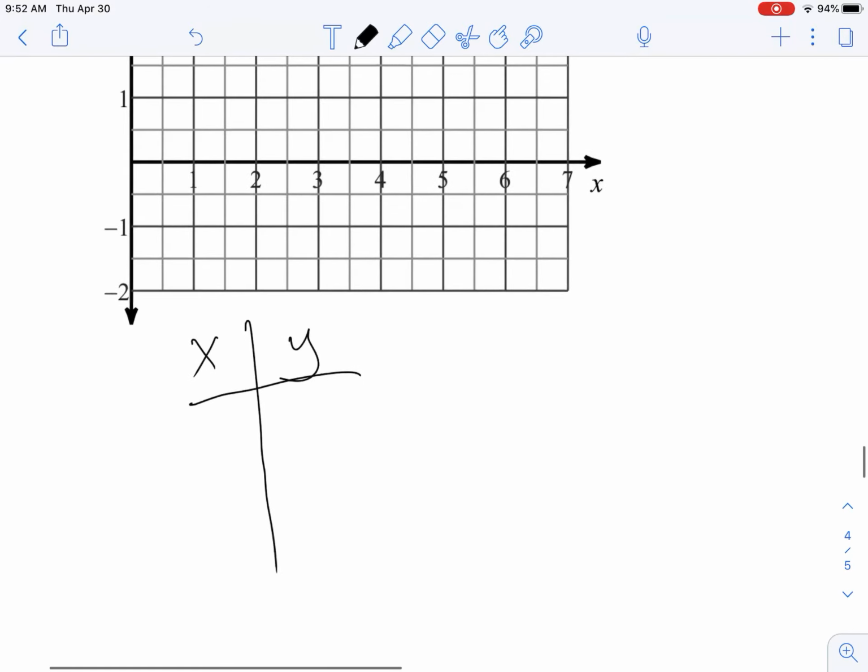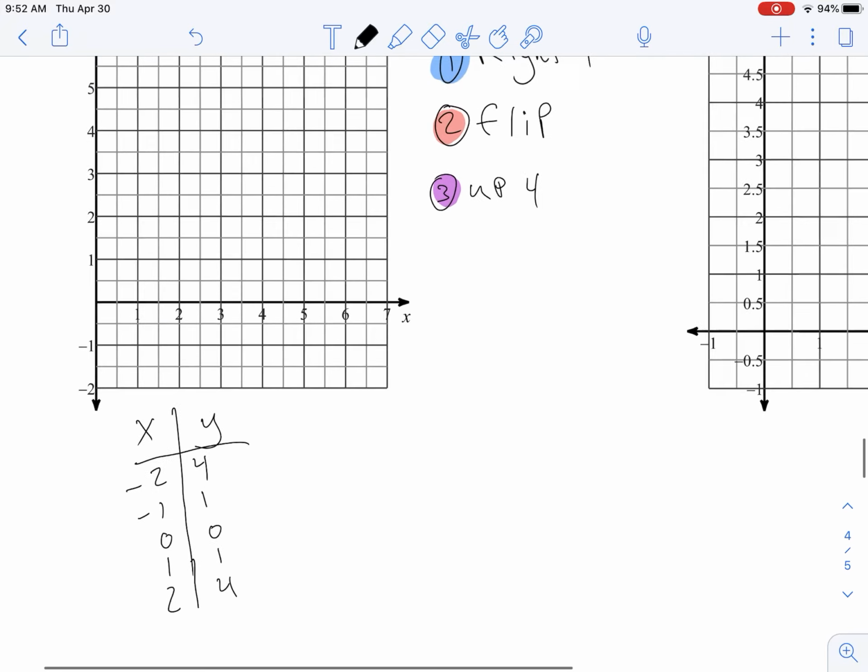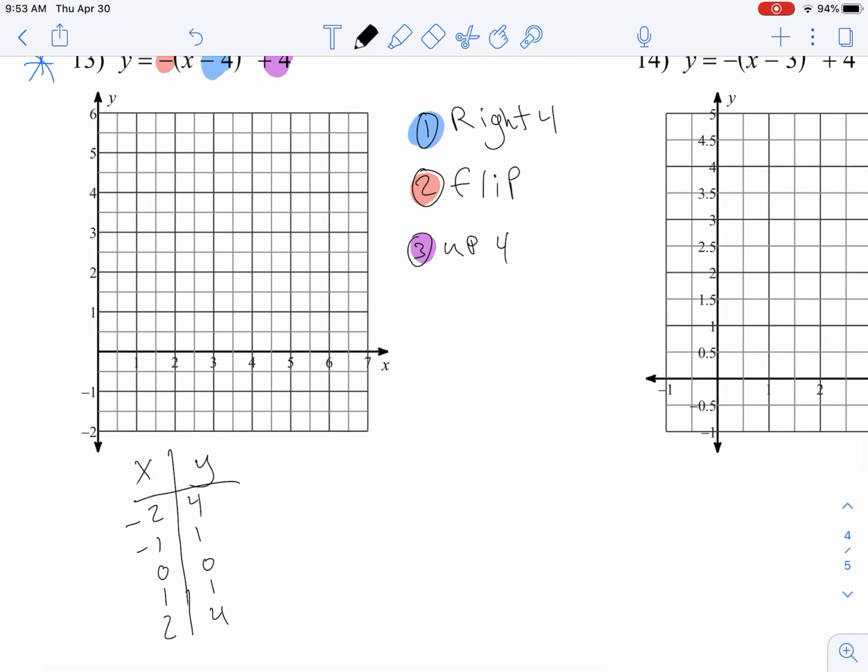I use my 5 favorite numbers for my parent table, negative 2, negative 1, 0, 1, and 2. You should notice that these are always the same. 1 times 1 is 1. So there's my parent table. And then our first step affects our x, so that's going to be right 4. So we're saying x plus 4.